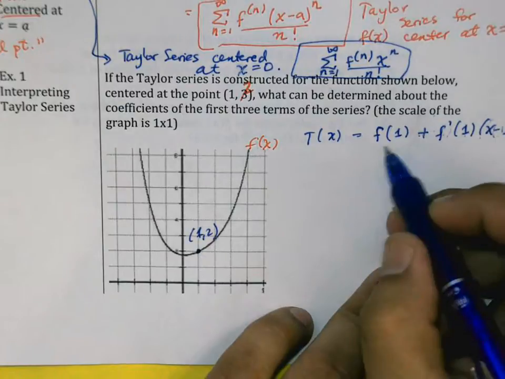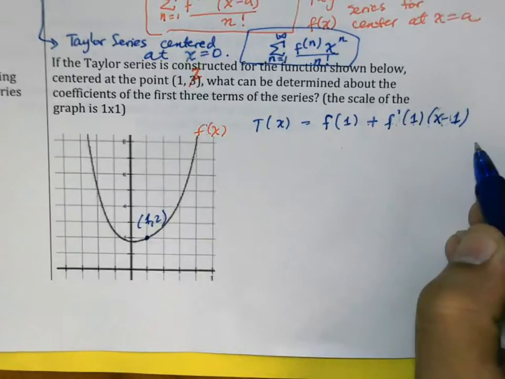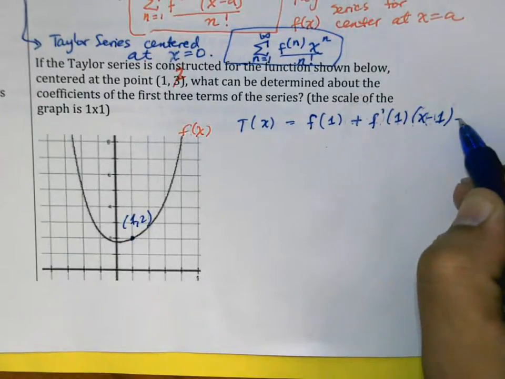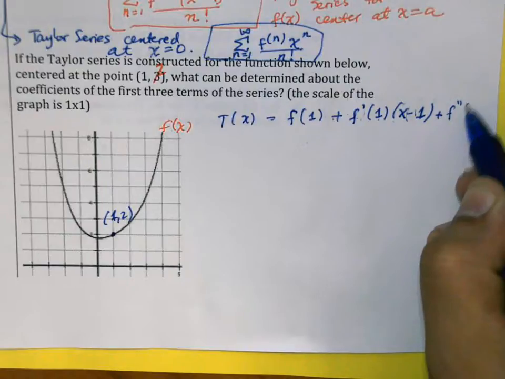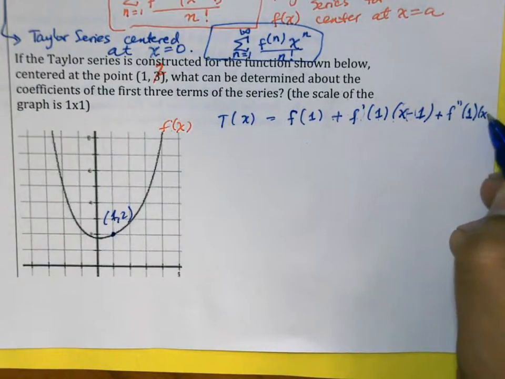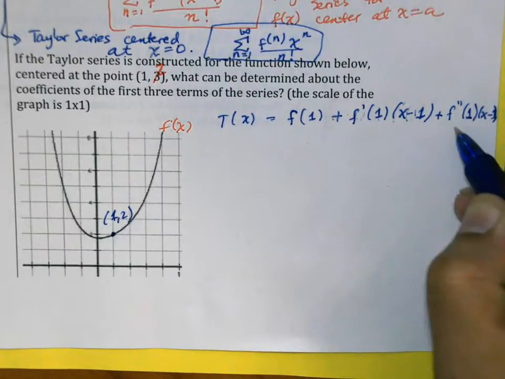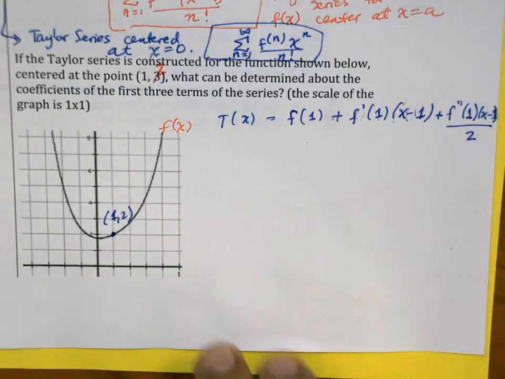And then that's the first term. The second term, the third term here is going to be f double prime, or the second derivative, at 1 times x minus 1 over 2. Okay?